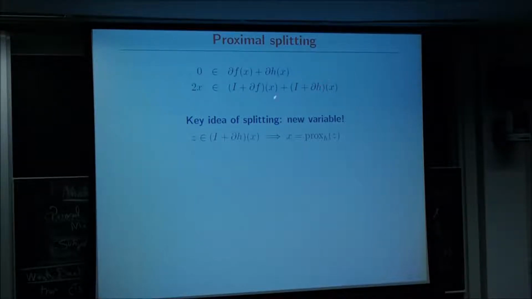So let's write the latter term by introducing a new variable z. If z belongs to I plus partial h of x, that means x is the prox of z by just inverting that operator, right? So maybe I'll just write it here in case you don't have it in your heads quite yet: I plus lambda partial h, inverse, will be the same as prox of lambda h.